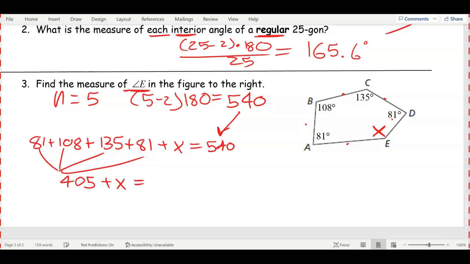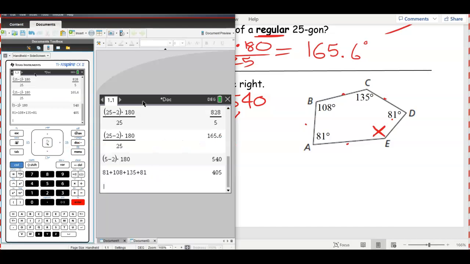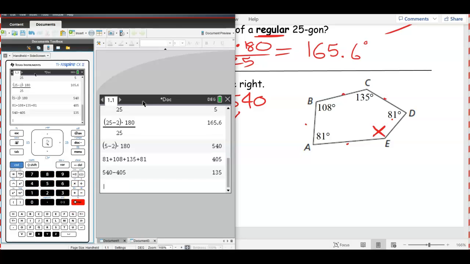Bring down plus X equals 540. Okay, and then last step, to get rid of that 405, I subtract 405. 540 minus 405 is 135.